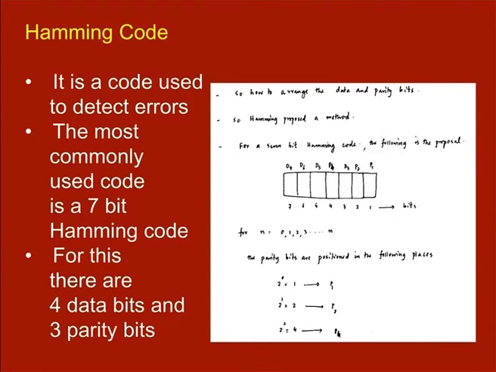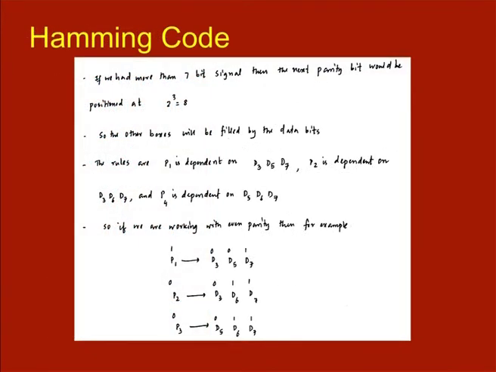The next one will be 2 to the power of 1, that is equal to 2, and hence the second position is denoted to the parity bit P2. Then the next one is 2 to the power of 2, that is equal to 4, and hence the fourth position is denoted to the parity bit P4. And if we had more than a 7-bit signal, then the next parity bit would be positioned at 2 to the power of 3, that is at 8.